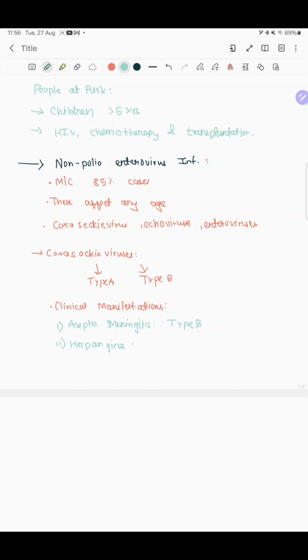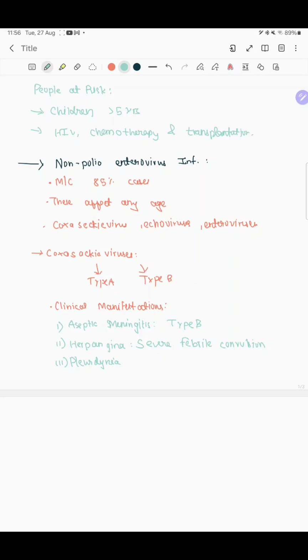What is herpangina? It is characterized by severe febrile convulsions. It could be pleurodynia, which is characterized by fever and abrupt onset of stabbing chest pain.